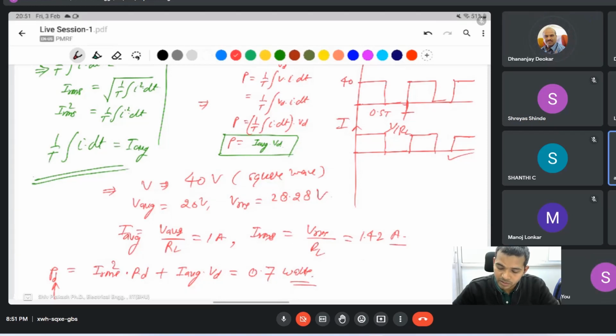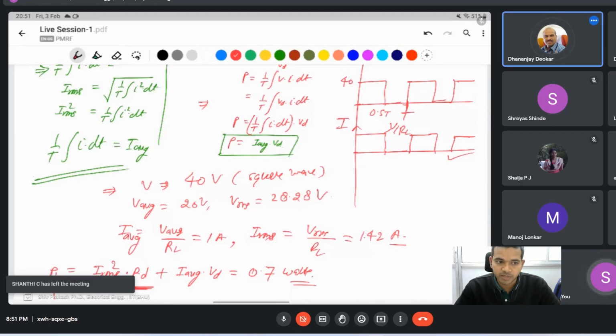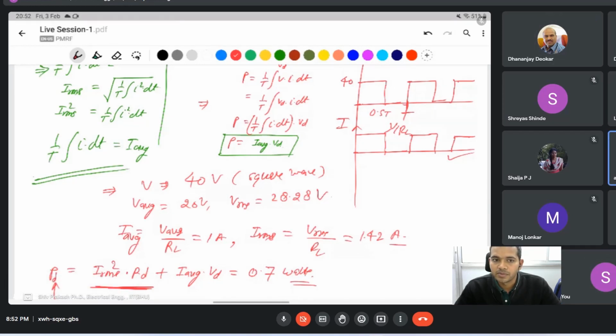Sorry, sir, but actually I directly calculated ID into VF. No. Average current into forward voltage of the diode. Take RMS, resistance is also present in the diode, no? Then power loss also from resistance. So take both the resistance power loss and the forward voltage drop power loss. Okay, sorry, sir. Thank you, sir. Okay, welcome.